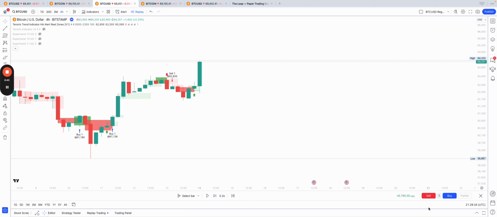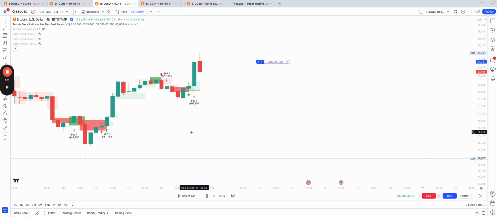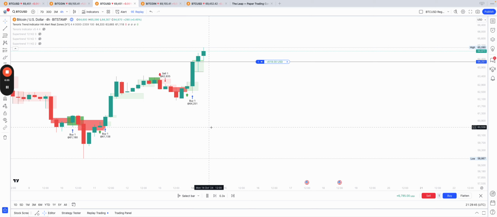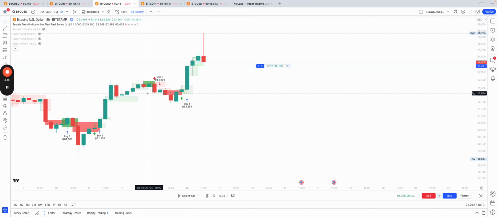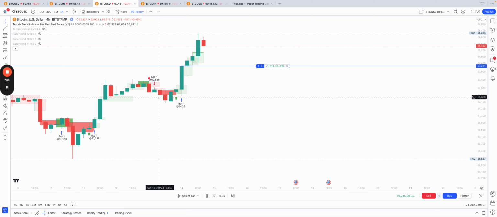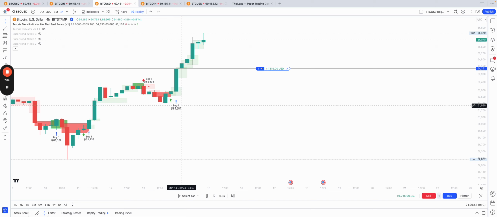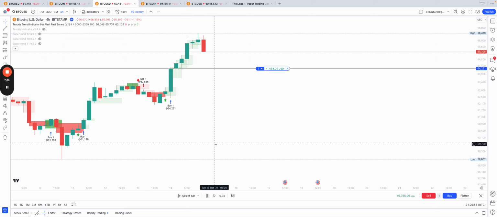Okay, so it looks like we're going long again. Let's go back in. And I probably could have stayed in here when I was long before because we didn't cross this area, but it just depends on how much risk you want to take.